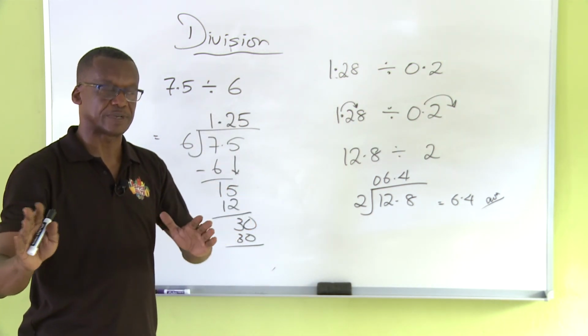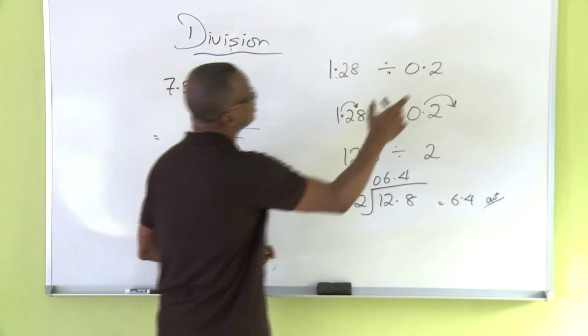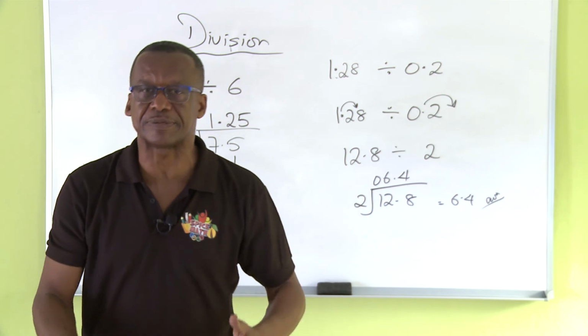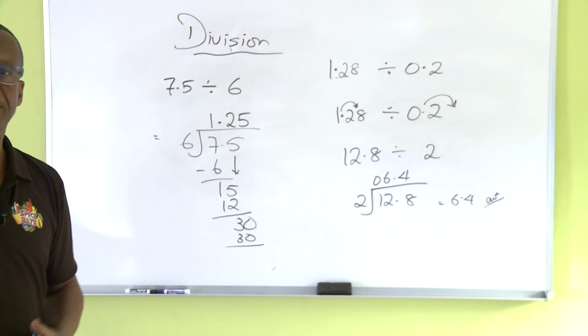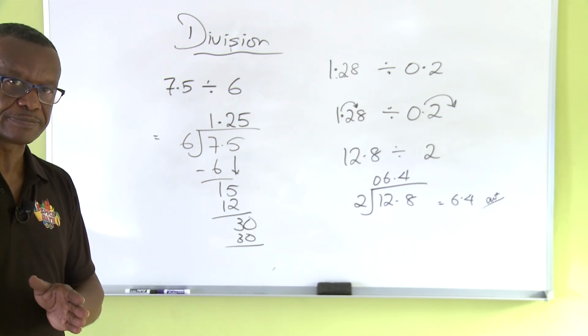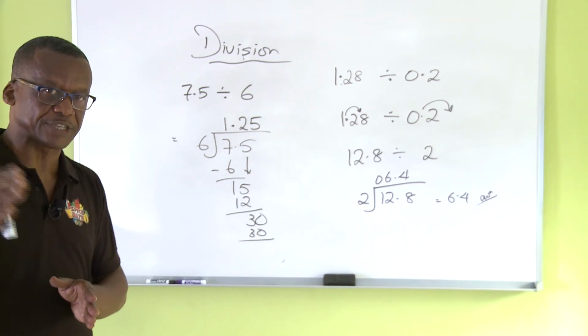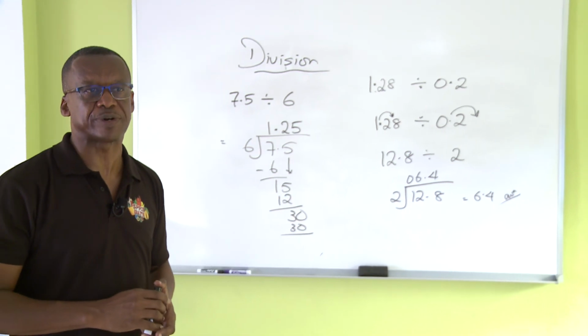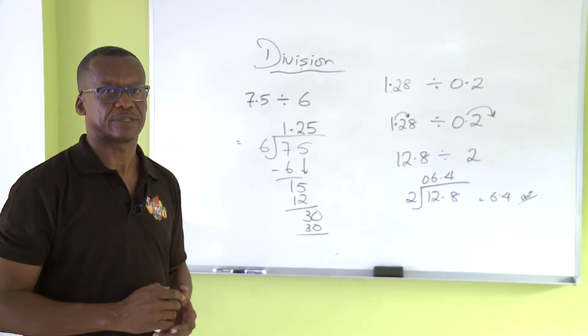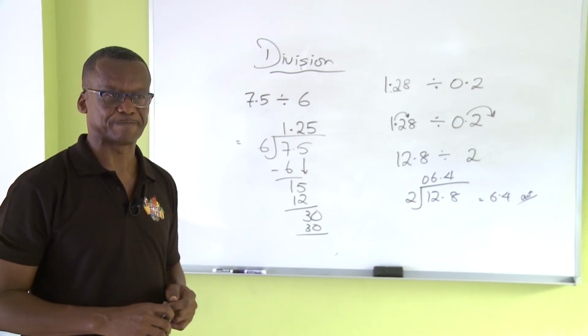You divide as normal. However, when the divisor is a decimal fraction or contains decimals, then you need to make the shift, turn the divisor into a whole number, and the same method that you use to make the divisor a whole number must be done to the dividend. Then you can divide normally.